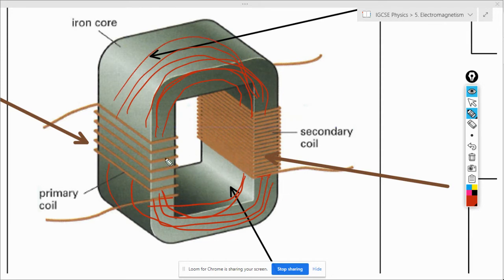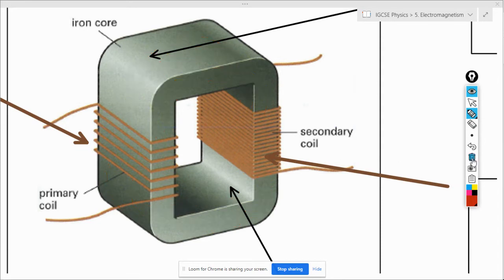There is no wire connecting these two coils, and this iron core does not conduct electricity from your primary to your secondary coil. This iron core's sole purpose is to focus all the field lines from your primary into your secondary coil. That's the only purpose of it.